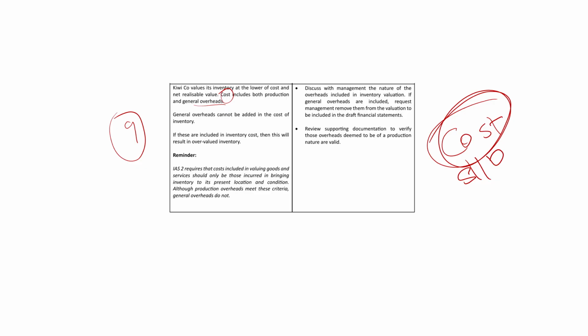So they cannot be added. It's only the production overheads that can be added. Because of that, your cost is overstated. I'm going to discuss with the management the nature of the overheads that have been included, and if they are general overheads, I am going to ask them to remove that. So it wasn't about the comparison this time around. It was about how the cost has been determined.